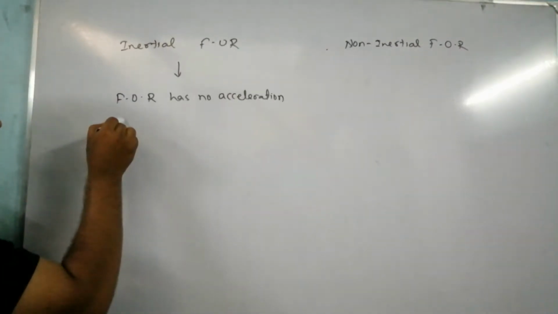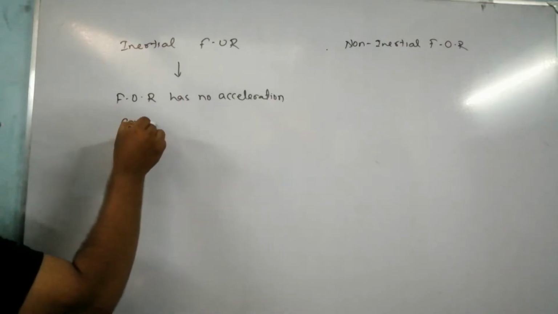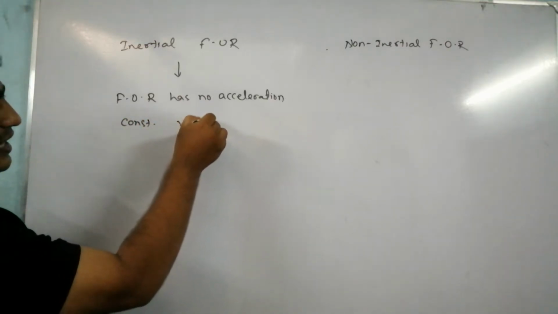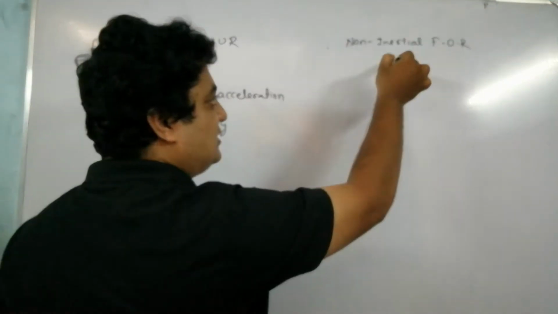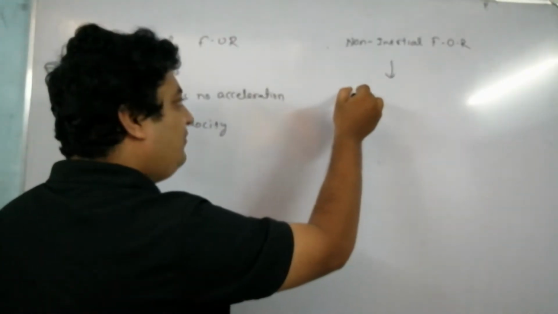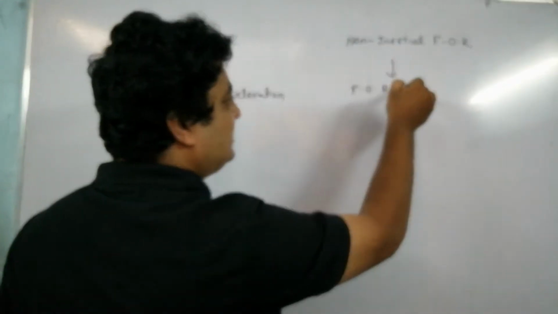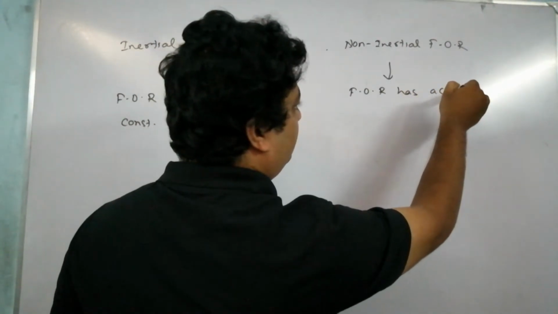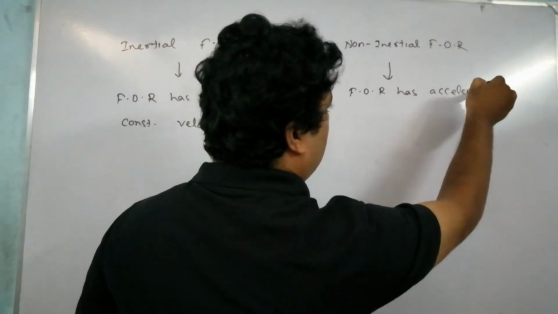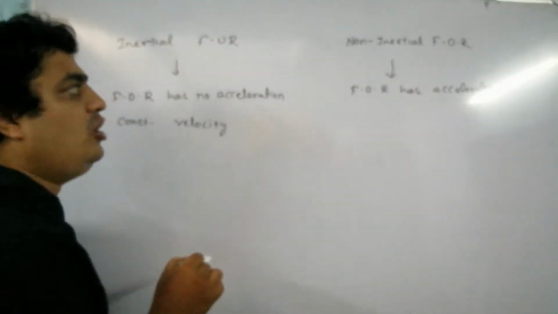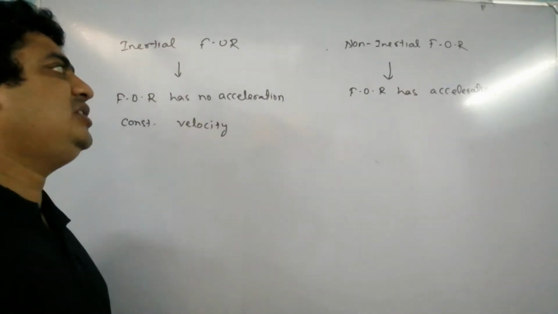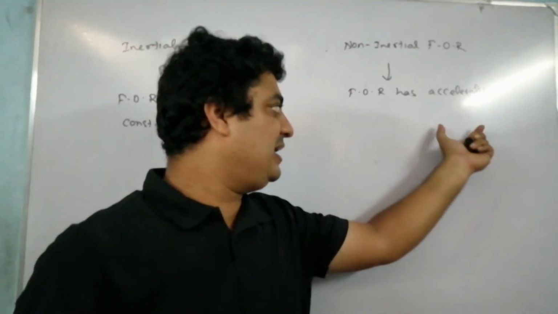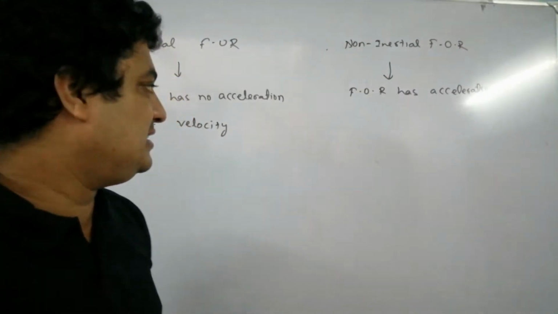So, the frame is moving with a constant velocity. Then that frame of reference is called inertial frame of reference. Now, if the frame of reference has acceleration, then this is called non-inertial frame of reference. Here the velocity of the frame may increase or decrease.